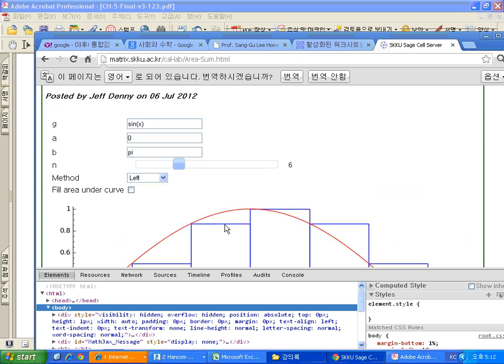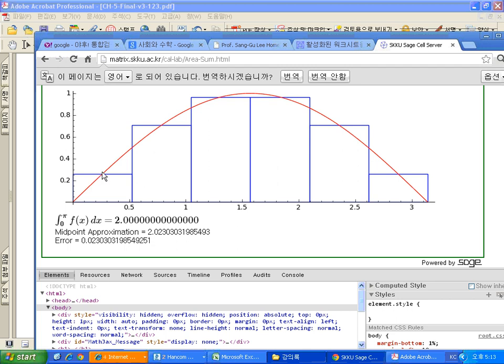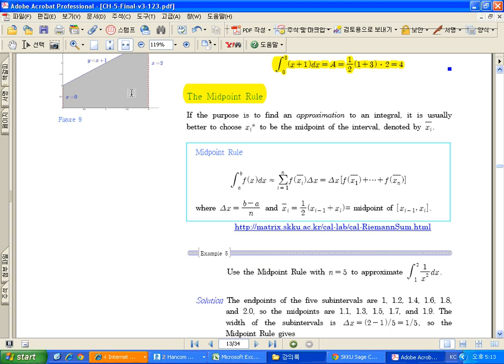Here, if we choose the midpoint, then we use the value in the middle of each interval as the height of each rectangle, to get the area of each rectangle and just add them. That's the midpoint rule.